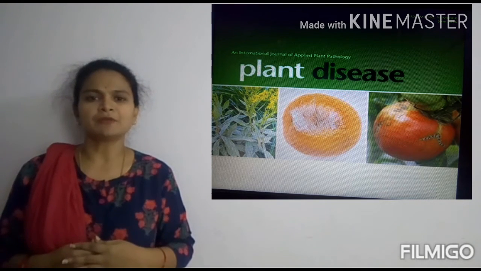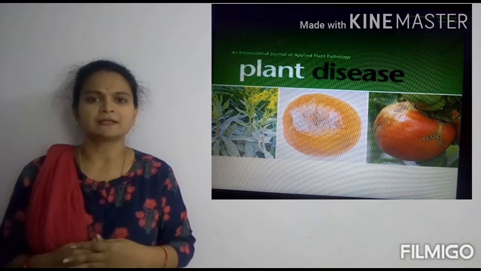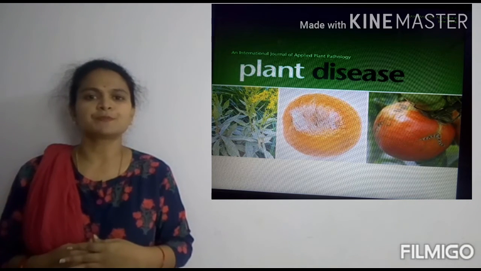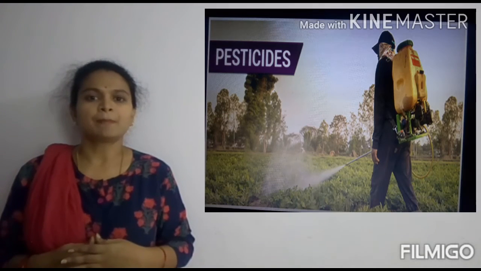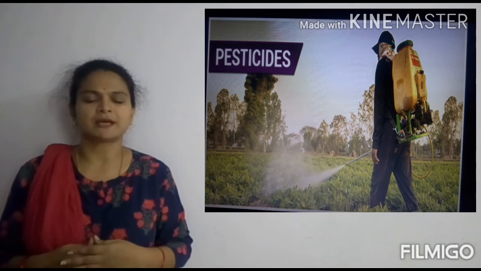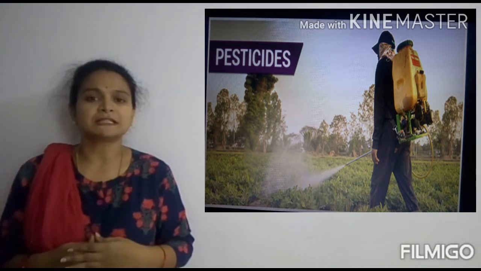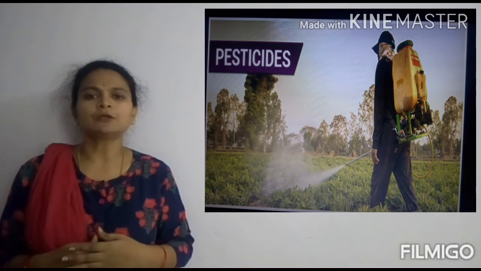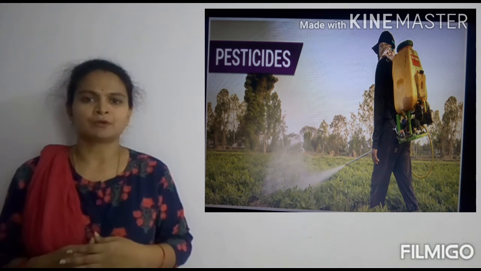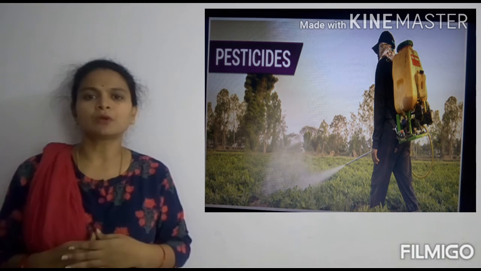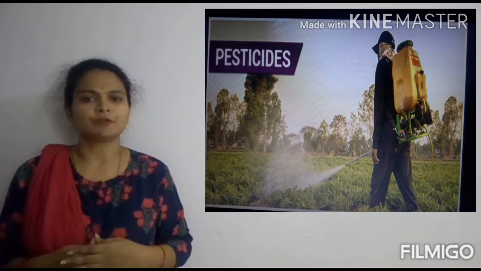So how can we control these diseases? When we observe such diseases in the crop yielding plants, definitely we have to use pest control methods. When we use pest control methods, we can control the disease. But when we are using pesticides, we have to keep in mind that as it is a chemical, we need to use it in minimal amount so that we do not cause any harm to the environment.